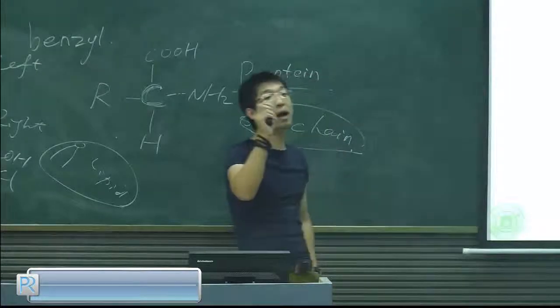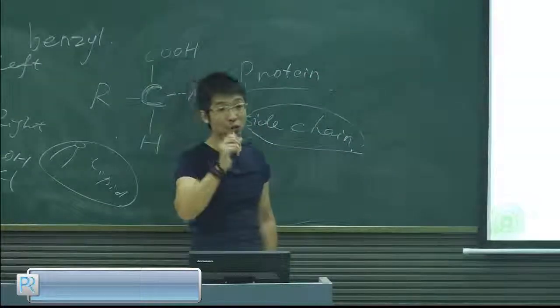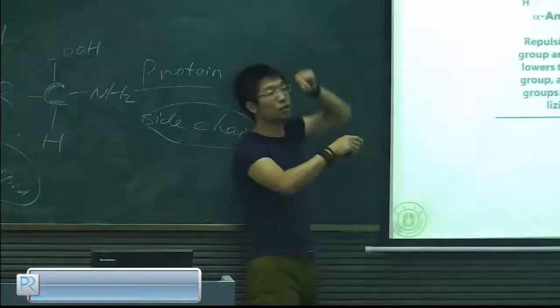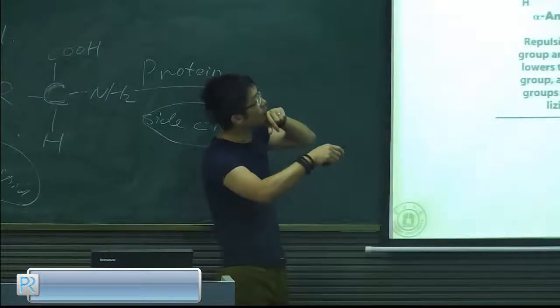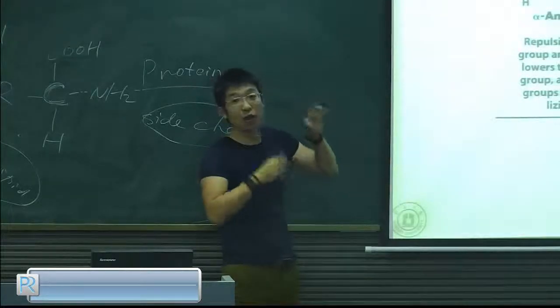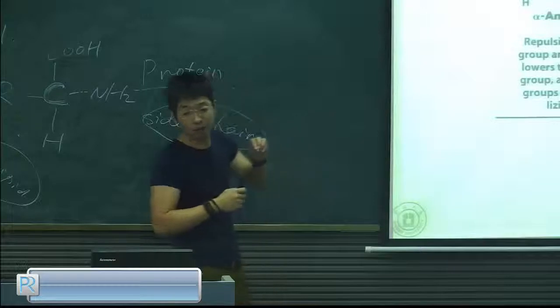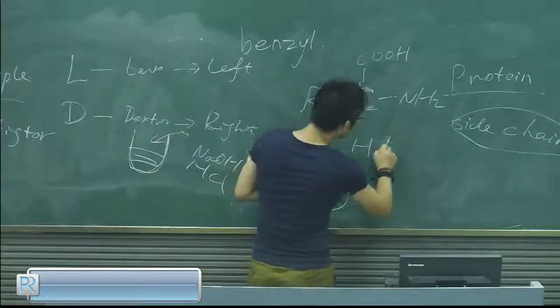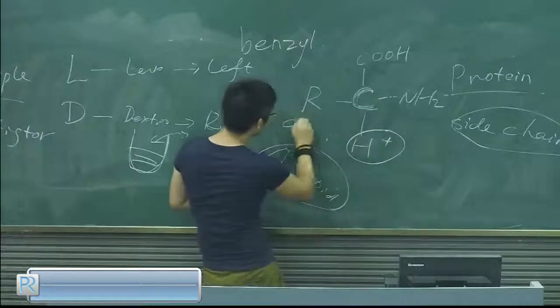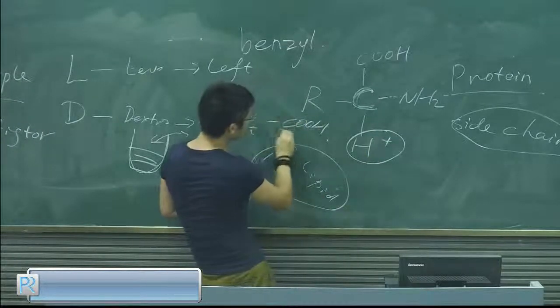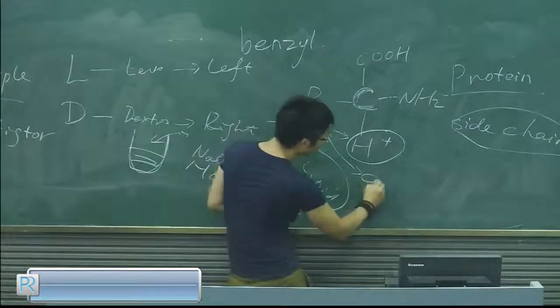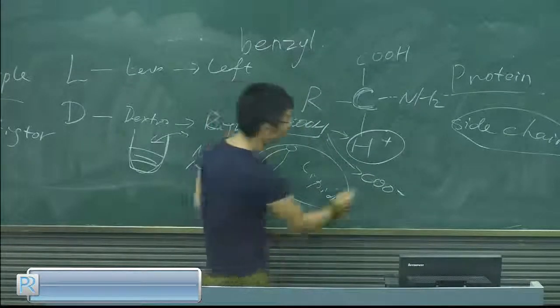If only the carboxyl group is ionized, just like this, the amino group is the same, right? But the carboxyl group ionizes to a proton and a carboxylate group, so it's different.